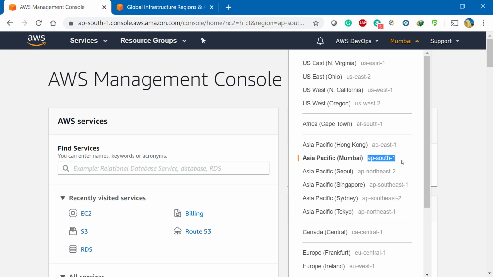For me, it is AP-South-1. So whenever I'm dealing with something on AWS, I would be seeing this a lot, that is AP-South-1. Now there are other regions as well.